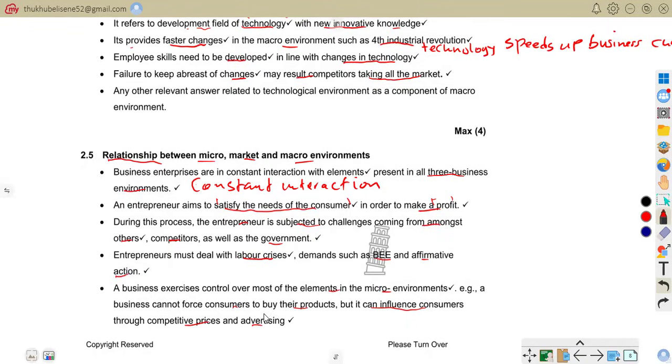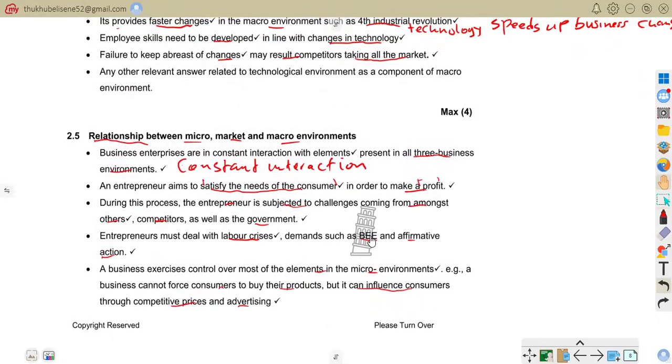So that is control over the microenvironment, because a business can control internal factors only, but can influence consumers by setting prices that are affordable or by making use of advertising.